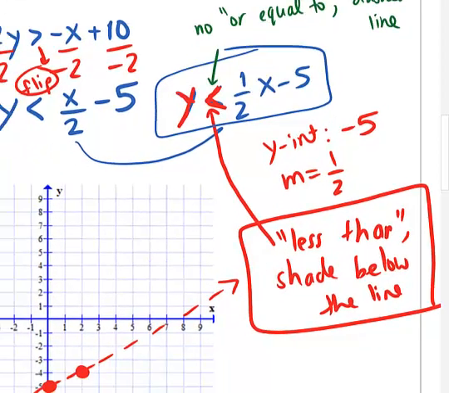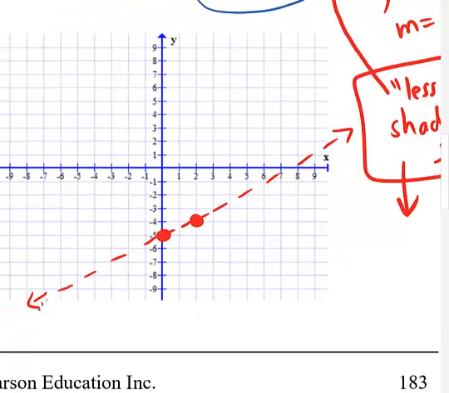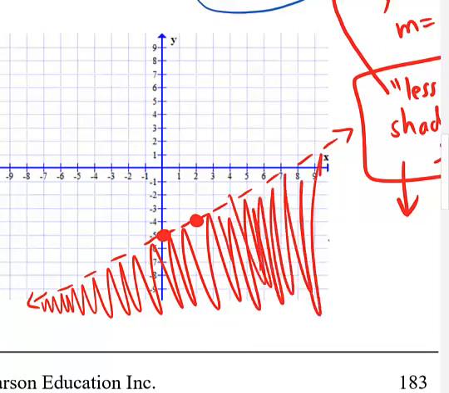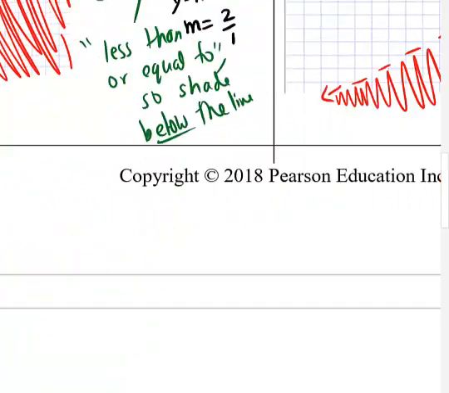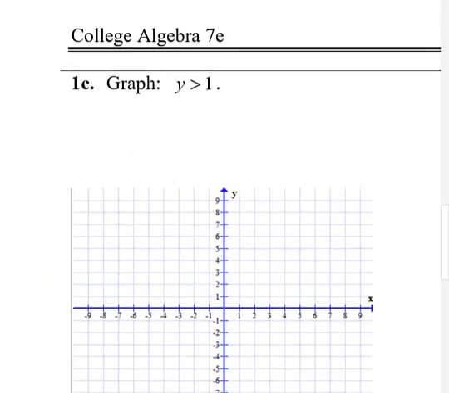The smaller y values are down below. But if it was y greater than, where are the greater y values? They're above. So that helps me remember which way I want to shade. In this case, I want to shade below the line because it was all the y values less than stuff. So there you go. You're drawing the border, and then you're either shading above or below it depending on how the inequality ended up.